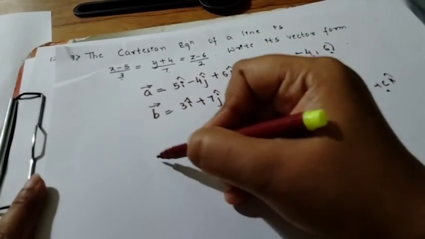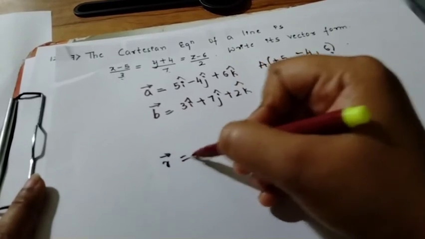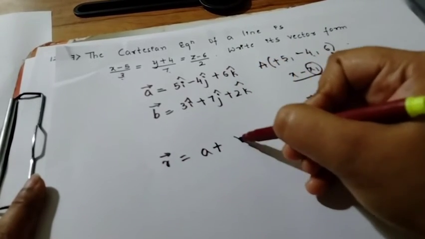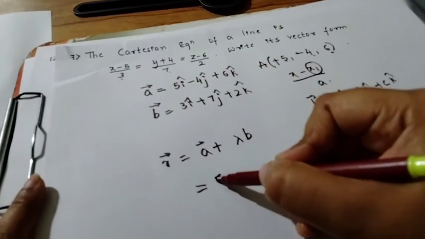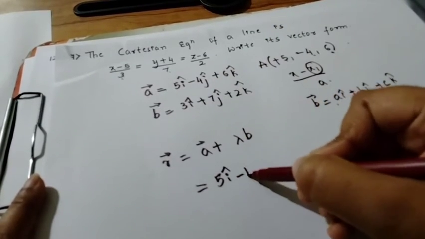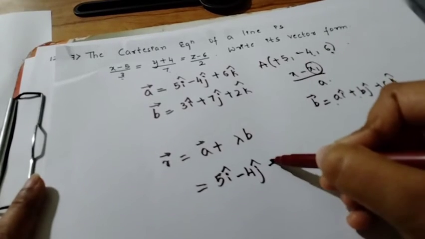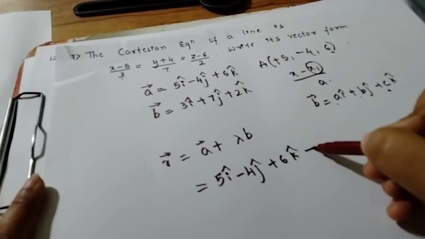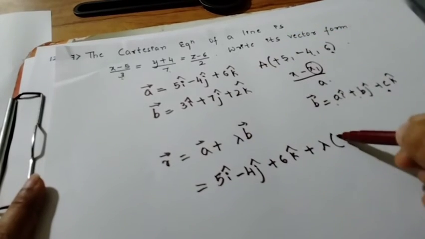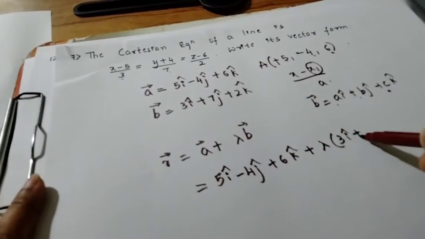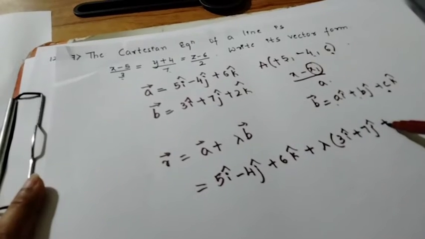So this will be r equal to a plus lambda times b. What is vector a? 5i minus 4j plus 6k, plus lambda times vector b, which is 3i plus 7j plus 2k.